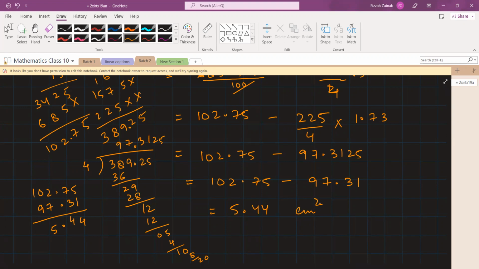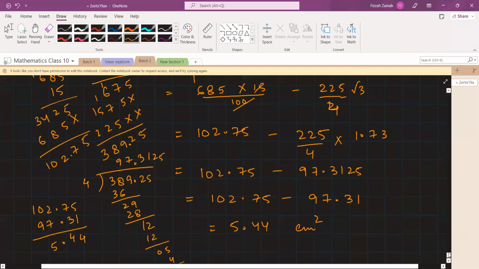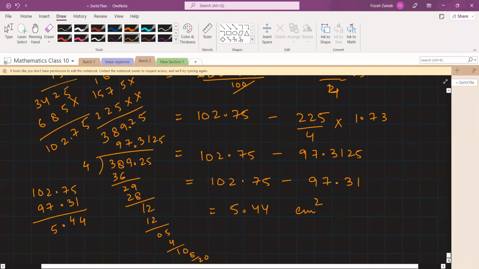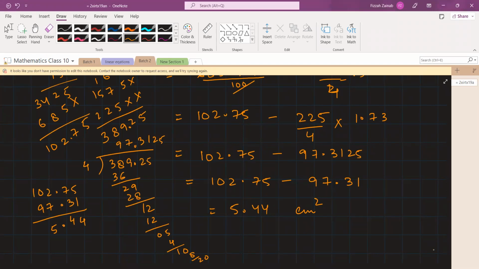Okay. So what I have found now, area of minor segment only I have found, 5.44 centimeter square. Is this correct? Is everybody getting it?